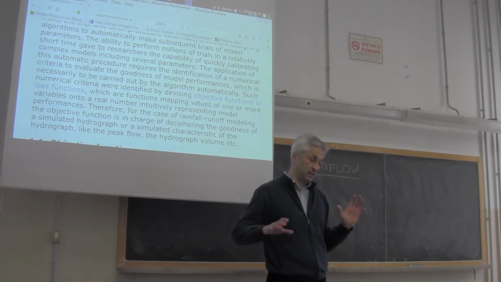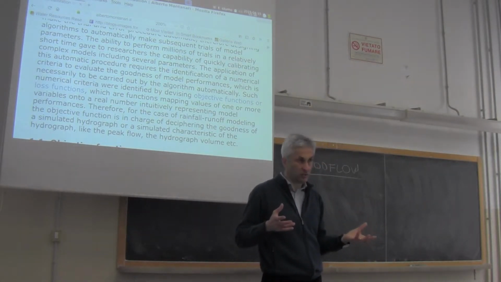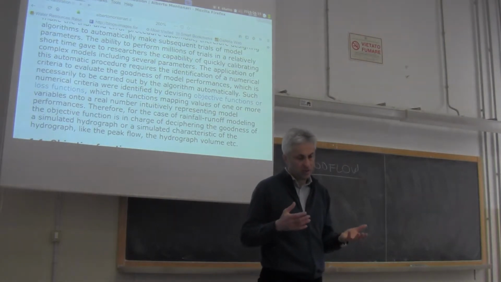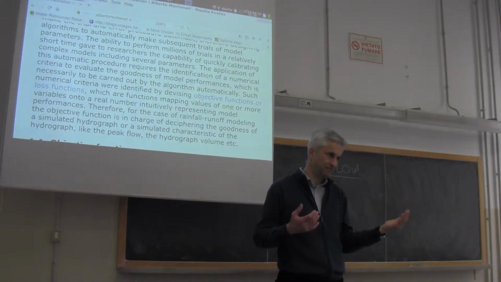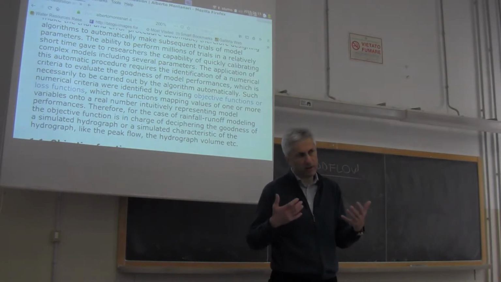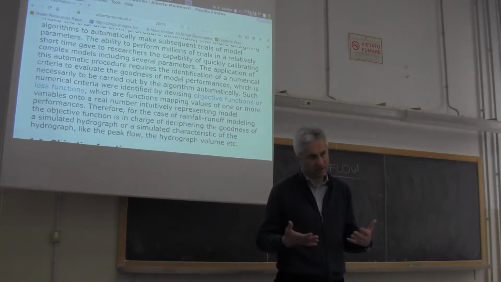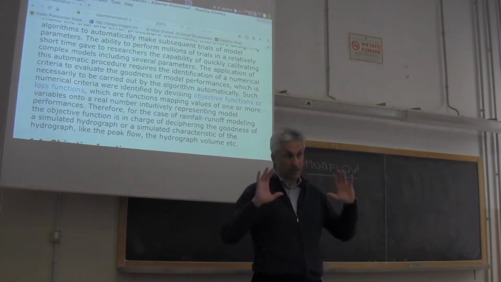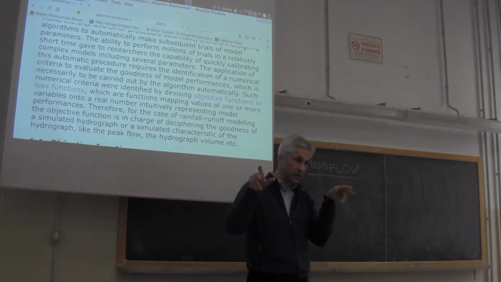Keep in mind that this is the downside of this procedure, that you have to translate your human assessment, which by far is much better, into a numerical assessment, which is probably more objective, but not as comprehensive as a human assessment.